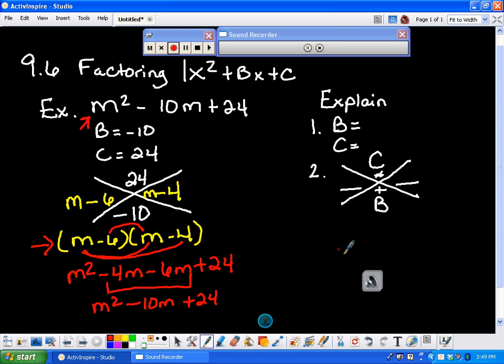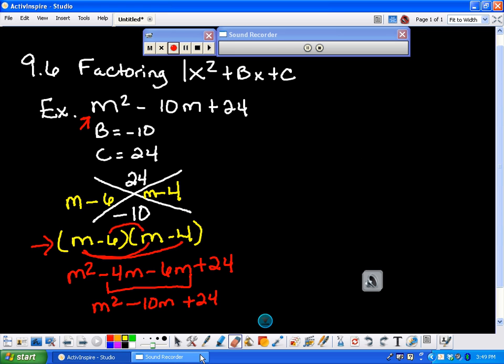And a couple of other little things that I wanted to point out, especially when you're taking a test and you have answers written as A, B, C, D. One thing that I always try to note is that if this sign here is a plus, then my binomials are either both going to be plus or both going to be negative.